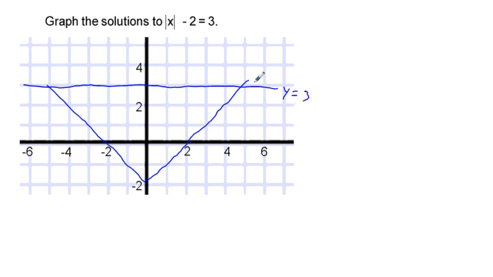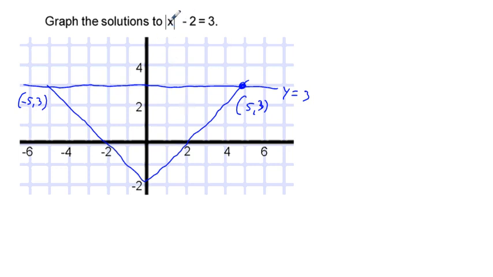And so our solutions are going to be found here at the point 5, 3. That'll be one solution represented here. And the other one on the left side is going to be negative 5, 3. And you can just test the values.